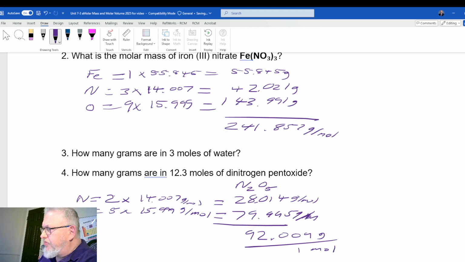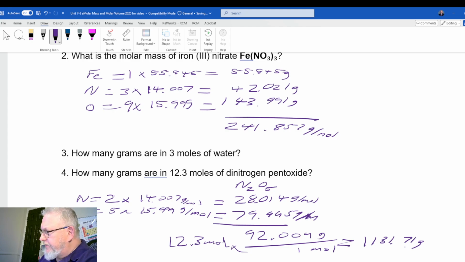So I've got 12.3 moles. So what's the mass for 12.3 moles? 1 mole is 92.009. So 12.3 moles times the molar mass is going to give me, let's see, times 12.3, I'll get 1,131.71 grams.